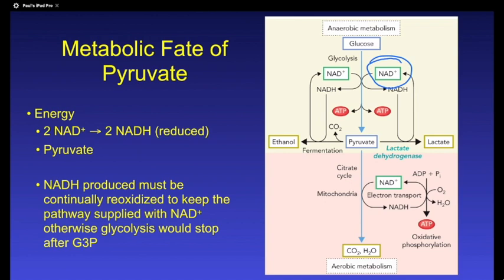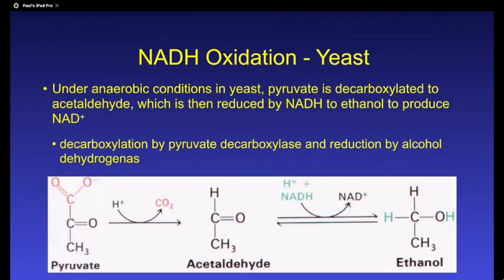But as glycolysis runs, I take all my NAD plus and put a hydride on it, and it becomes NADH. And I can run out of NAD plus. And so the process here or there is a process of how efficiently I can get NAD plus back. In the yeast, pyruvate gets decarboxylated.